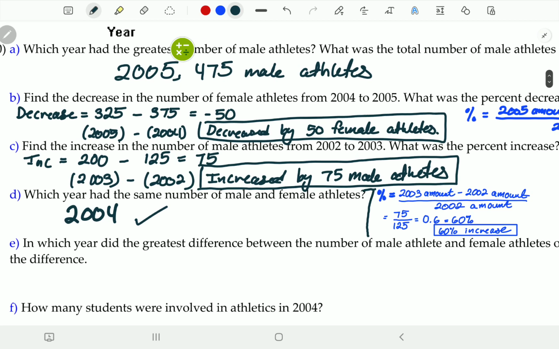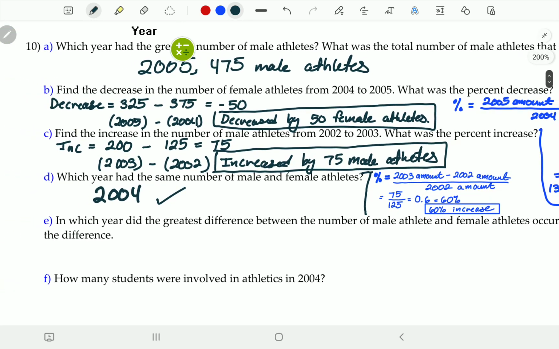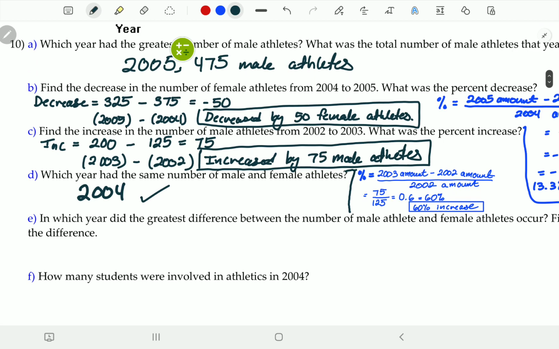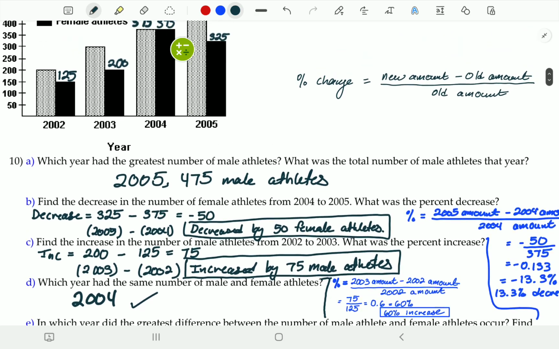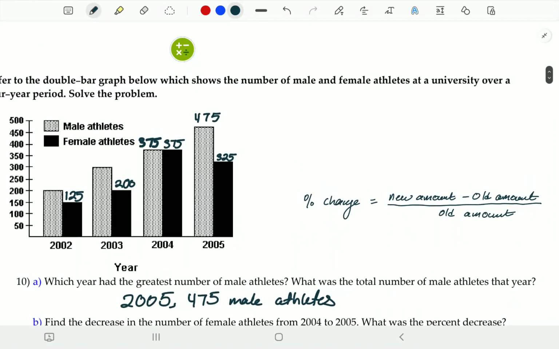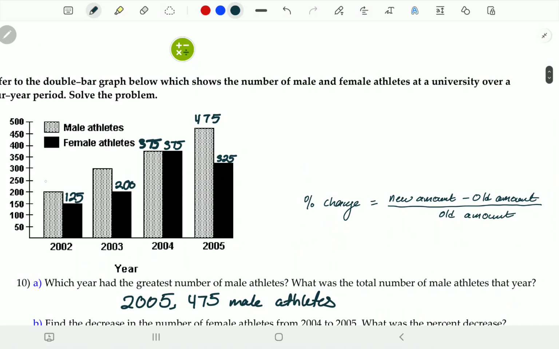And then part E, a lot of parts to this question. In which year did the greatest difference between male and female students occur? Find the greatest difference. Well, let's fill in the rest of this. This is 200 right here. This is 300.